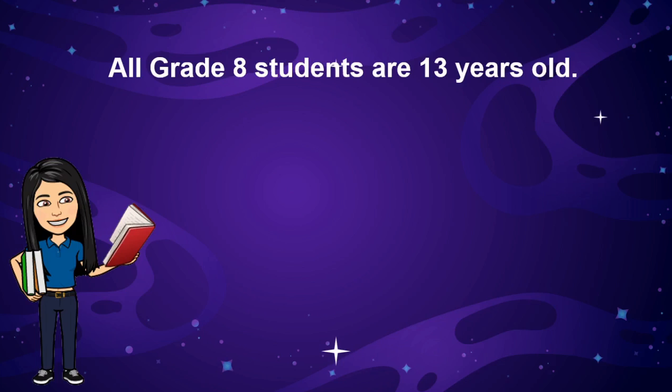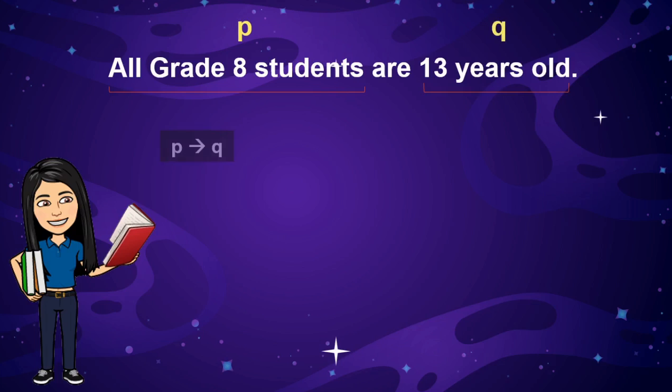learning task number 1. We were given statements, for example, all grade 8 students are 13 years old. Ang kailangan daw natin gawin, we need to write it in different forms or formats. First thing we have to do is to identify the parts. In this statement, this is P, our hypothesis, and this is our Q, or our conclusion.